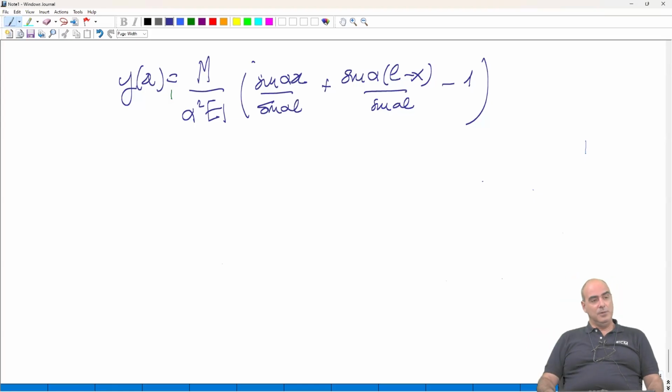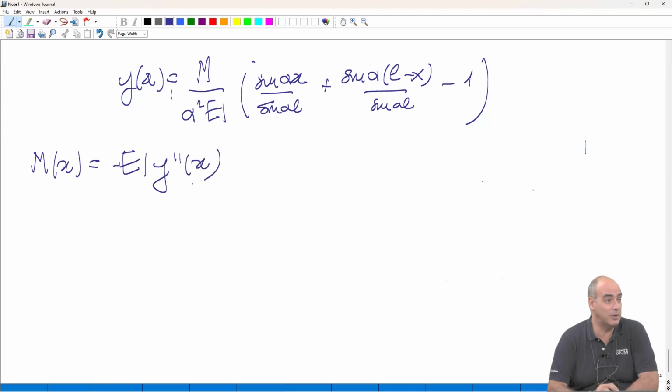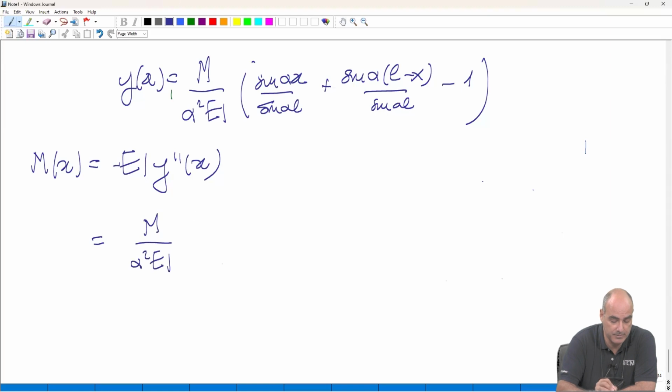What are we really interested in when we make a structural analysis? What do you want to calculate? Member forces. So for example, in this case, the bending moment. And how do you calculate the bending moment? Bending moment is minus EJ times the second derivative of y with respect to x. This is always true. So let's calculate the second derivative. We have M over alpha squared EJ.